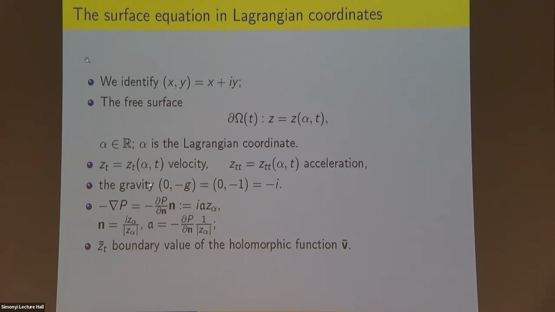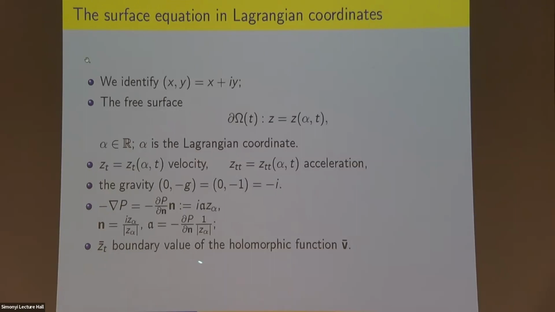The gravity is minus i, and because the pressure equals 0 on the boundary, the gradient of p points exactly in the normal direction. If you use a decomposition into tangential and normal directions, only the normal direction survives, and our notation is to write i A z_alpha, because z_alpha is a tangent vector and i z_alpha is the normal vector.